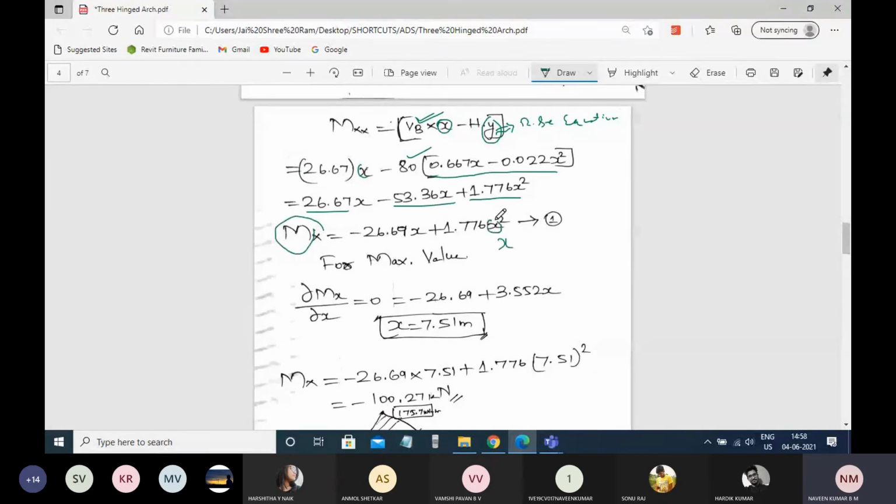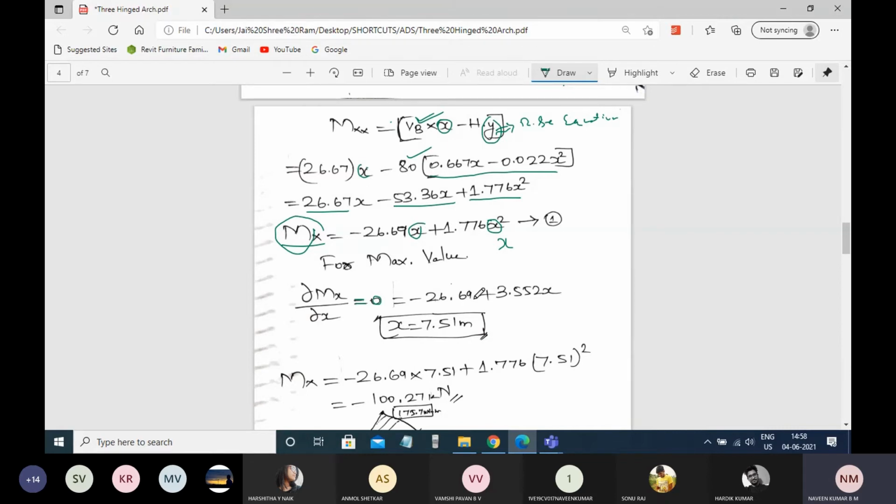In order to get this Mx, you require the x value. To find this, for this moment equation, we'll differentiate with respect to x, and set it equal to 0.